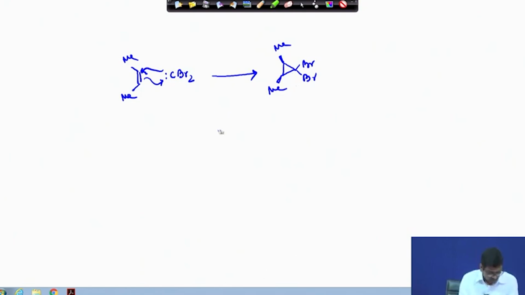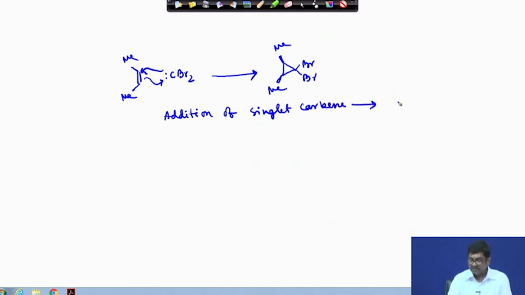So, what we can understand is that the addition of singlet carbene actually happens via a concerted manner. Okay. So, now what is this concerted manner? That means they are happening in a simultaneous way. That means it is not a stepwise process, it is happening in one step. Okay. That is why we can call it concerted fashion.